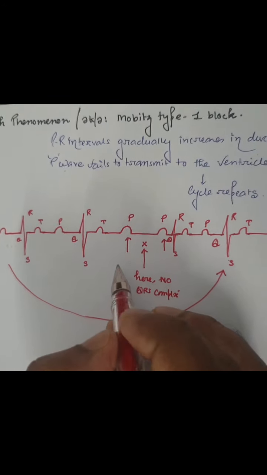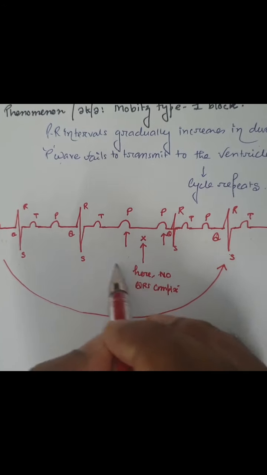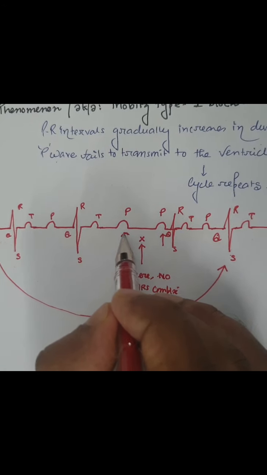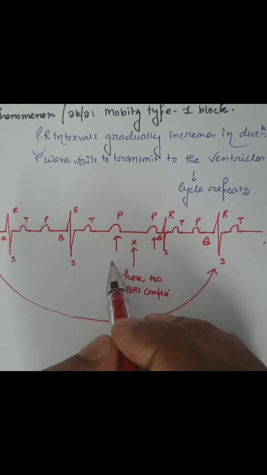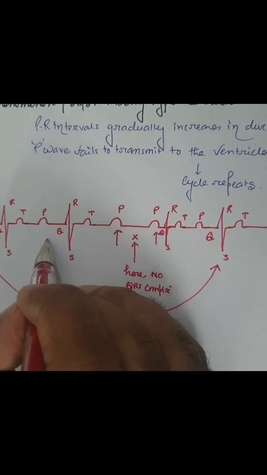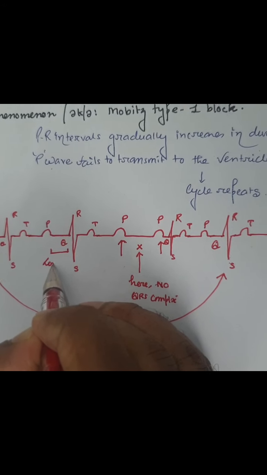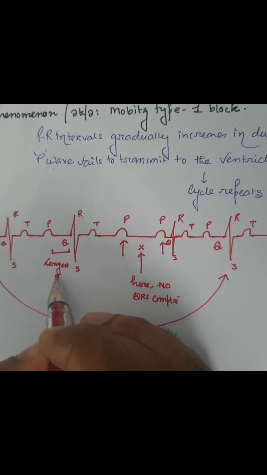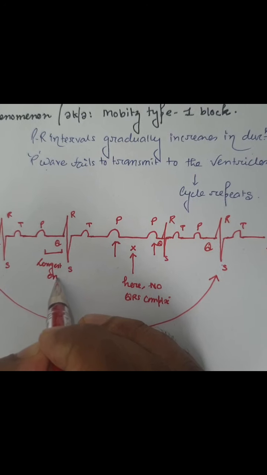Now remember one interesting point: before the one P wave fails to transmit to the ventricles, the PR interval is the longest one.